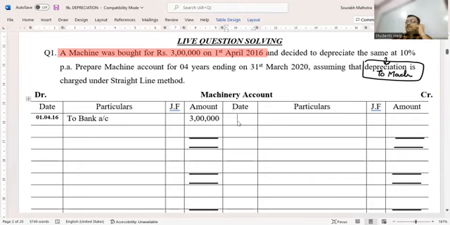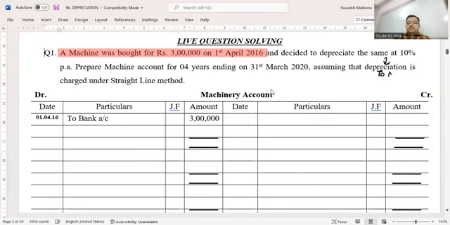To machine, but certainly we are not preparing it. In machinery account, what should we write, children? By depreciation. So please put it on the credit side, the date, by depreciation. Heard well, children? So put it on the credit side, by depreciation.